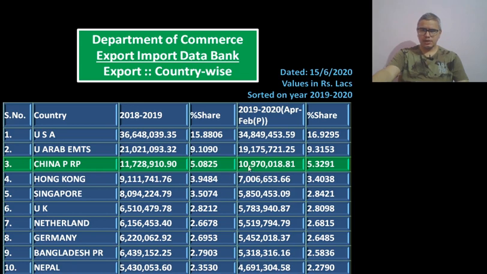And this year, meaning the 2019-20 session, we have already sold almost 1.1 lakh crore worth of goods to China. So this year also, the percentage share exported to China has increased from 5.0 to 5.3%.